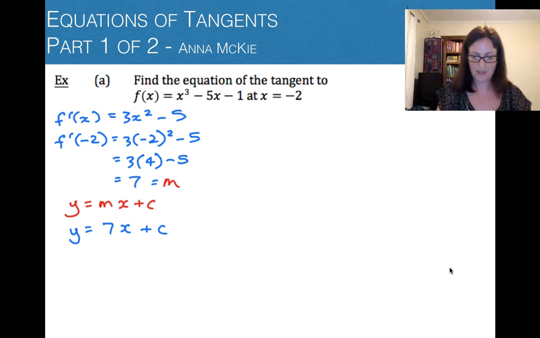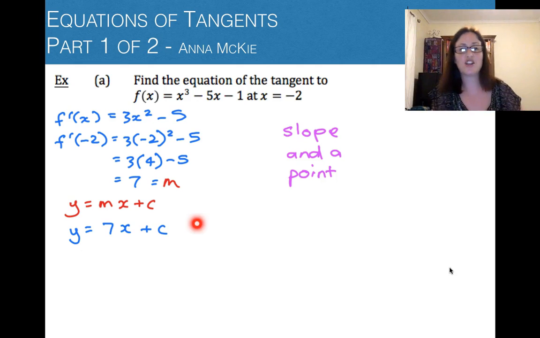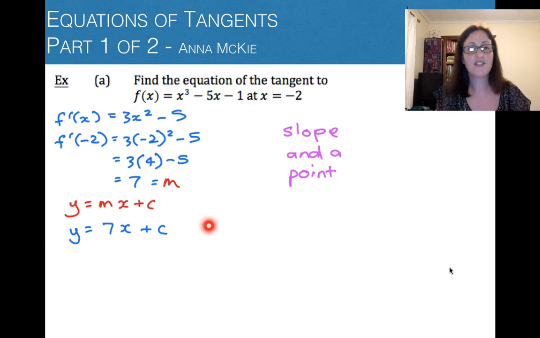Now, here's the key thing when we're working with applied calculus. When you need to find the equation of the line, of a tangent, you need a slope and a point. They're the two key things that you need to find the equation of any line. So we have a slope, but we need a point. And a point involves an x and a y coordinate. We have the x. How do we find the y coordinate?